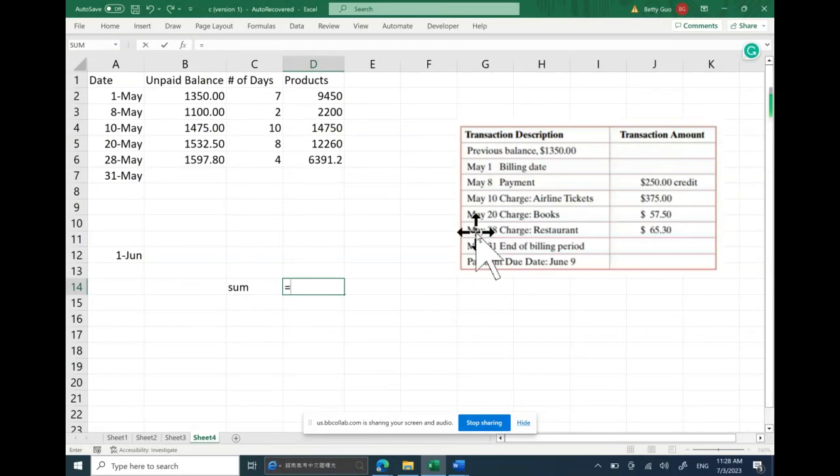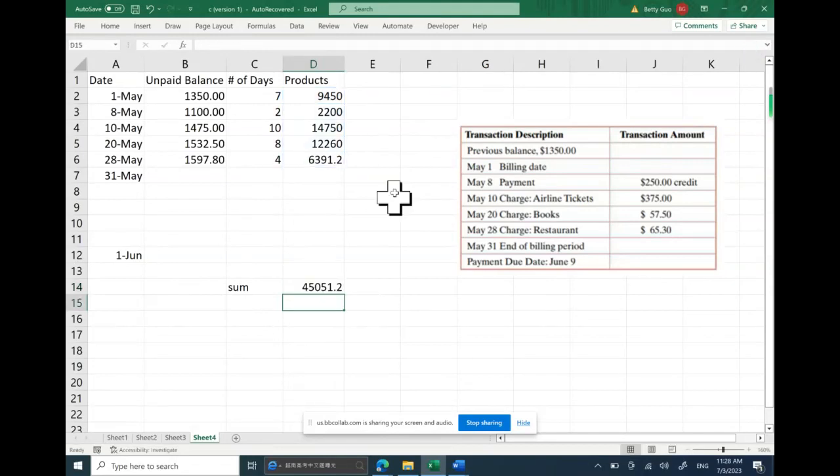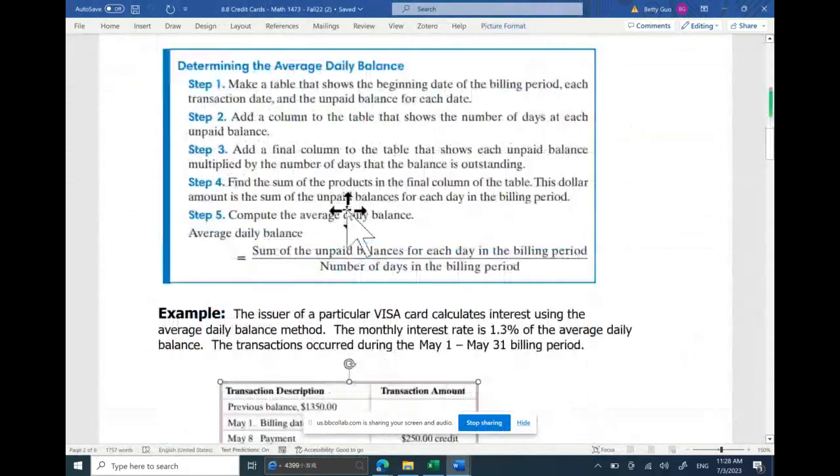So you can manually add them all up. Sum B2 to B6. And that's the sum. If you go to our guided notes, do you see the numerator?